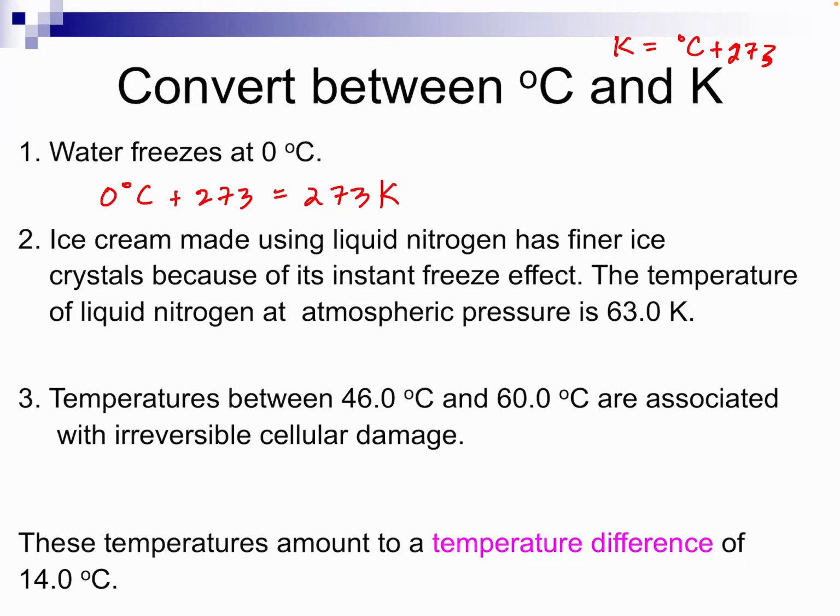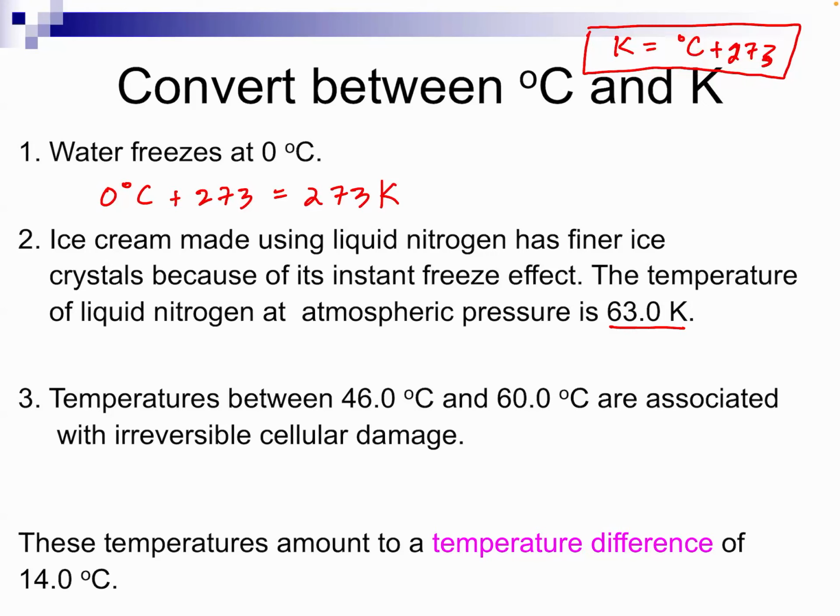Right here, the temperature of liquid nitrogen is given in Kelvin. How do we convert Kelvin to Celsius? If we look at the relationship between Kelvin and Celsius that we've derived in the previous slides, Celsius will be derived therefore by subtracting 273 from the Kelvin scale, right?